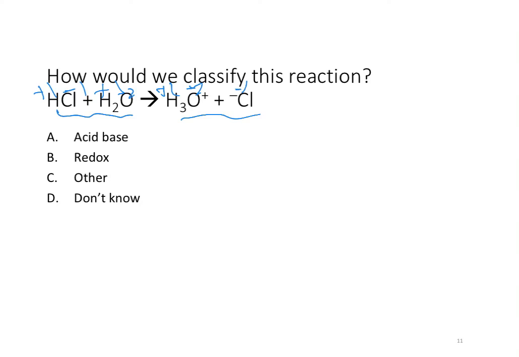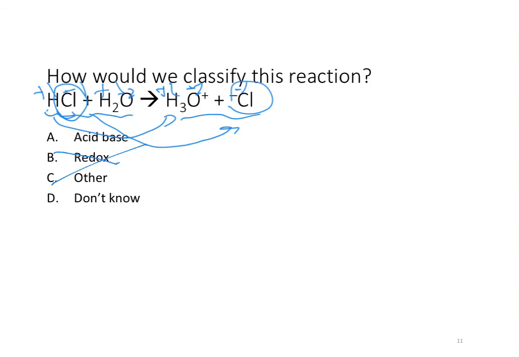All right, so now you can just look at oxidation numbers and say, let's see, hydrogen is +1 on both sides. That didn't change. Chlorine is going from -1 on the reactant side to -1 on the product side, okay? And as a matter of fact, if you look at each individual element in this reaction, none of them have changed their oxidation state.